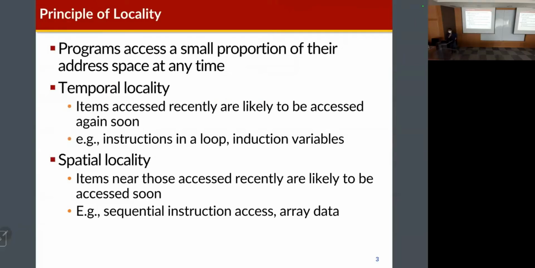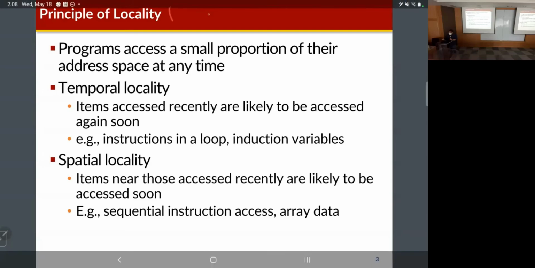Before diving into the memory system, let's look at the locality of our applications. The title of this slide is Principle of Locality. In some Korean textbooks, locality is translated as 지역성, but I don't think that's a good translation.